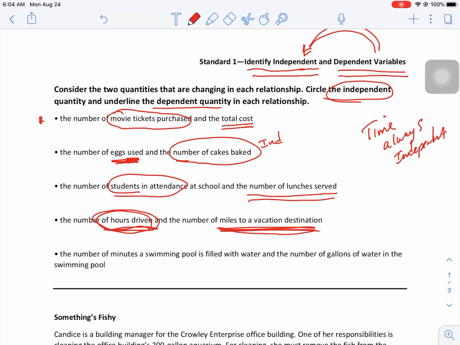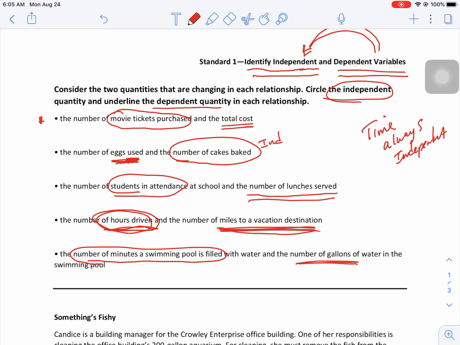Okay? So keeping that in mind, a number of minutes a swimming pool is filled with water, and the number of gallons of water in the swimming pool. So they're filling a swimming pool. Well, what we just talked about, the number of minutes we fill it, that's independent.